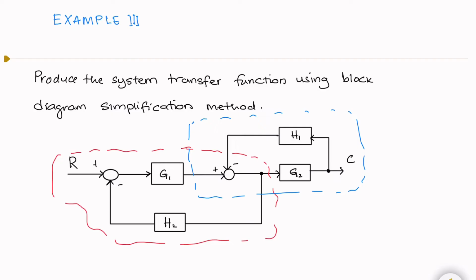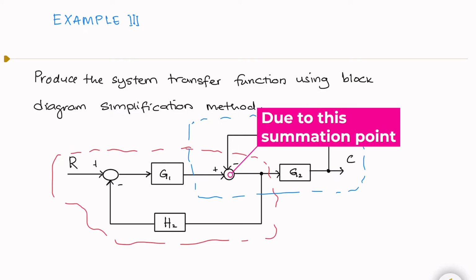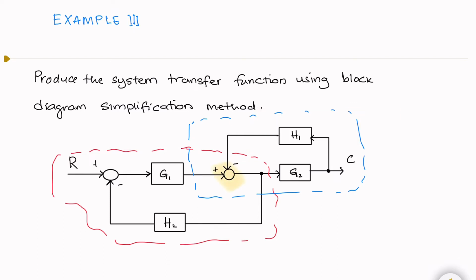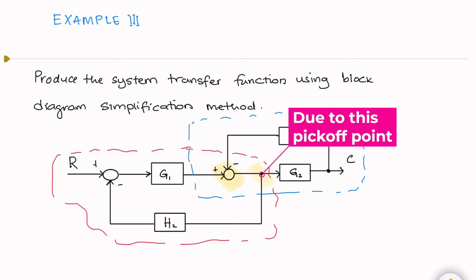What is the reason why we cannot simplify the feedback loops? This is due to the position of this summation point in feedback loop number 1. That's why we cannot simplify feedback loop number 1. As for feedback loop number 2, it is due to the position of this pick-off point.